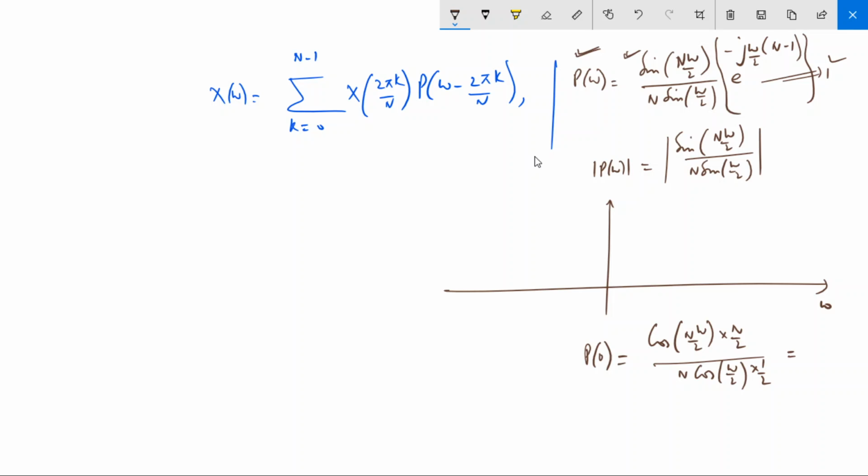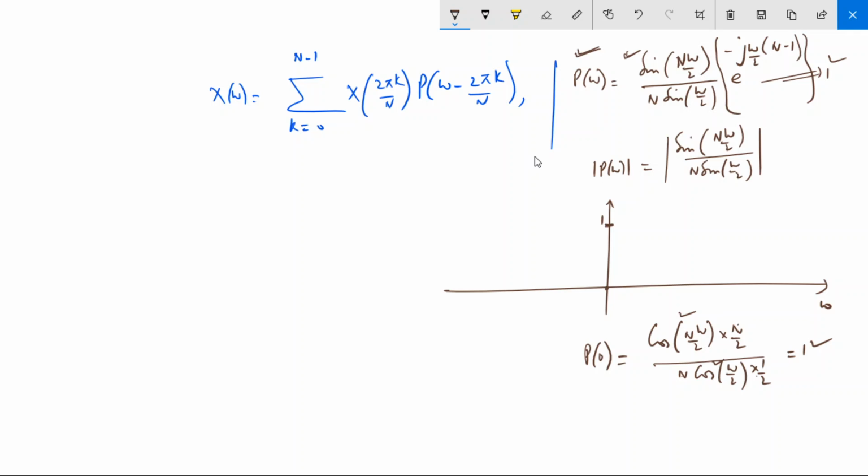When you put omega equal to 0, the cos terms become 1, and n by 2 cancel, so we get 1. So at omega equal to 0, this function has a value of unity. And this will take the form of a sinc function.